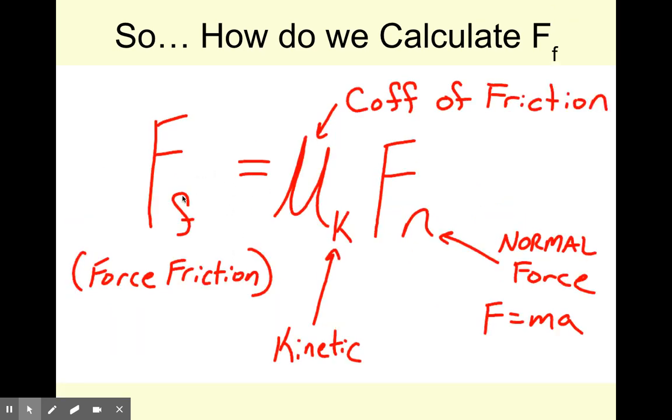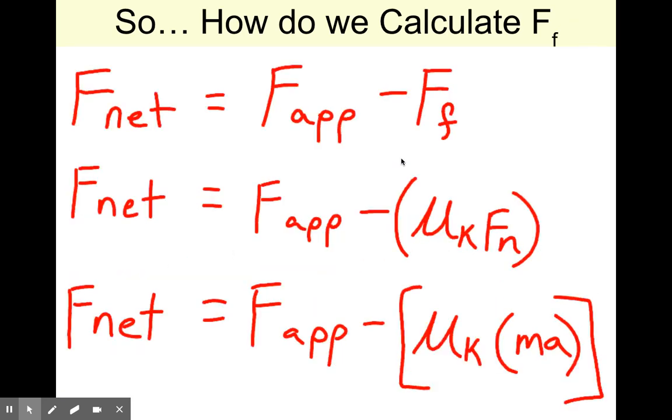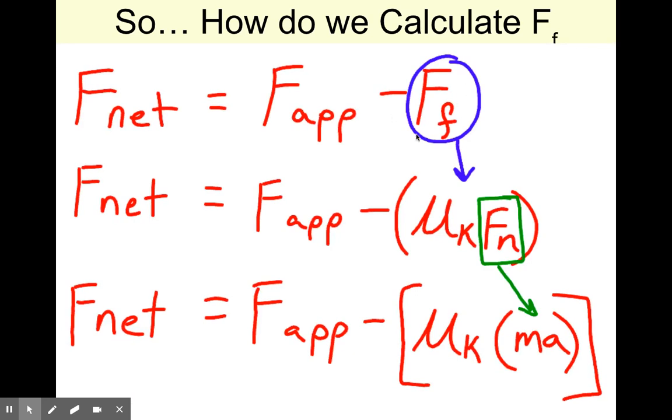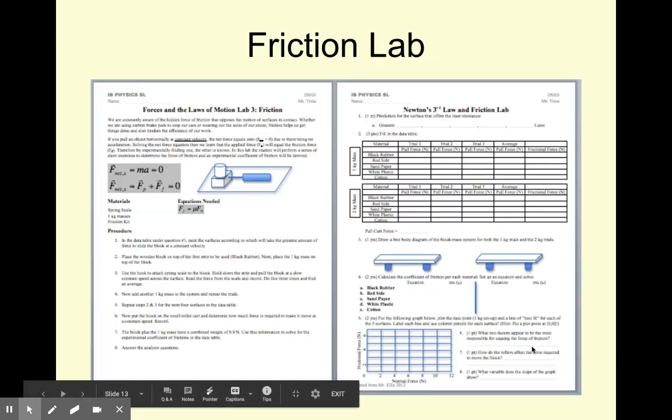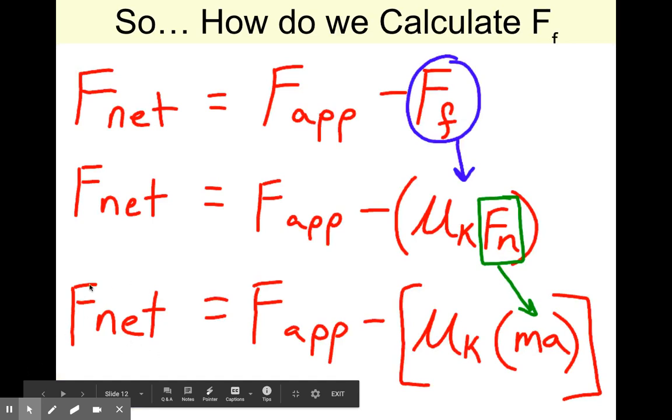So we're substituting the force of friction. We're just expanding it. For you math people, this is a proof. Then we're going to take this F_N, which is F equals ma, and expand it again to finally get the final equation, which is F_net equals the force applied minus the kinetic coefficient of friction times mass times acceleration.